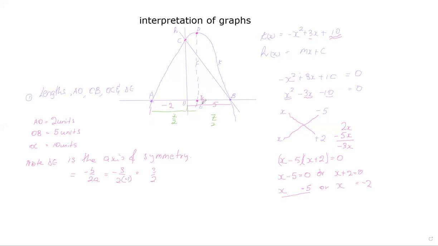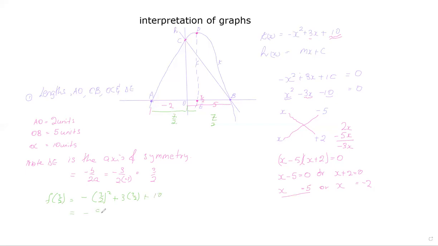Now, if you know that, you can substitute f of 3 over 2 into the original equation. That becomes negative 3 over 2 squared plus 3 over 2 plus 10.